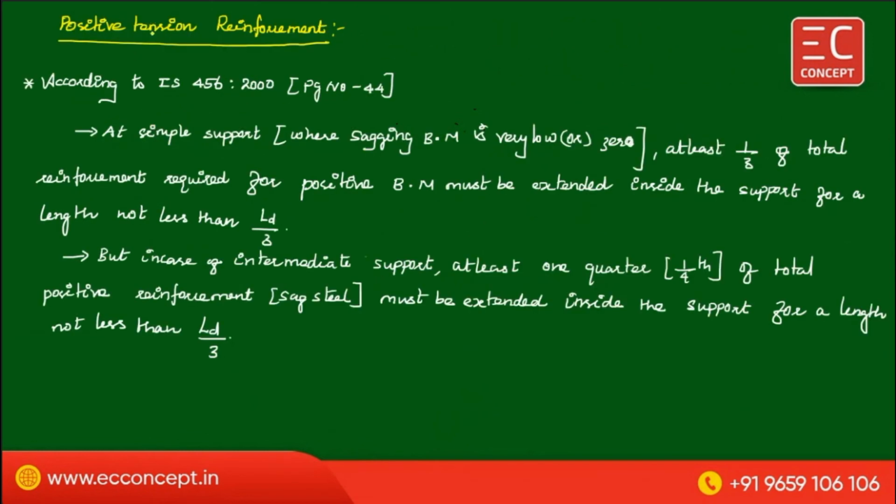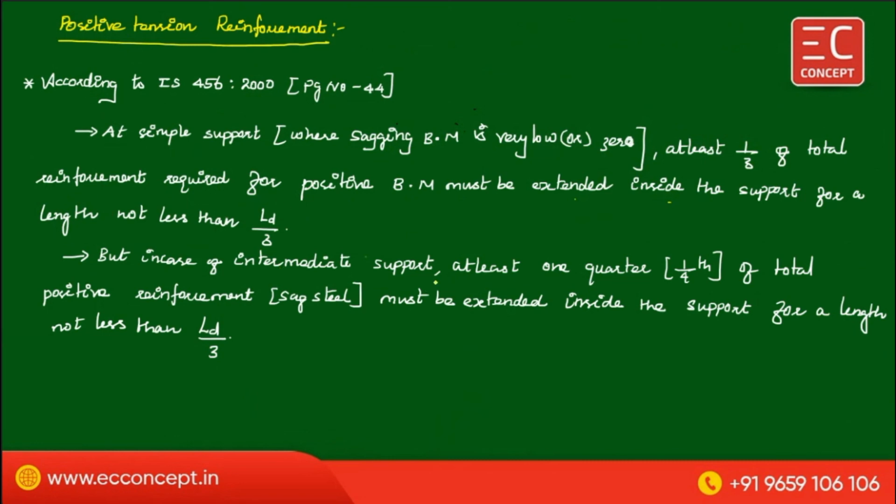Now we are going to see what is positive tension reinforcement. As per IS 456:2000, at a simple support where the sagging moment is very low, at least one-third of the total reinforcement required for positive bending moment must be extended inside the support for a length of not less than LD by 3.